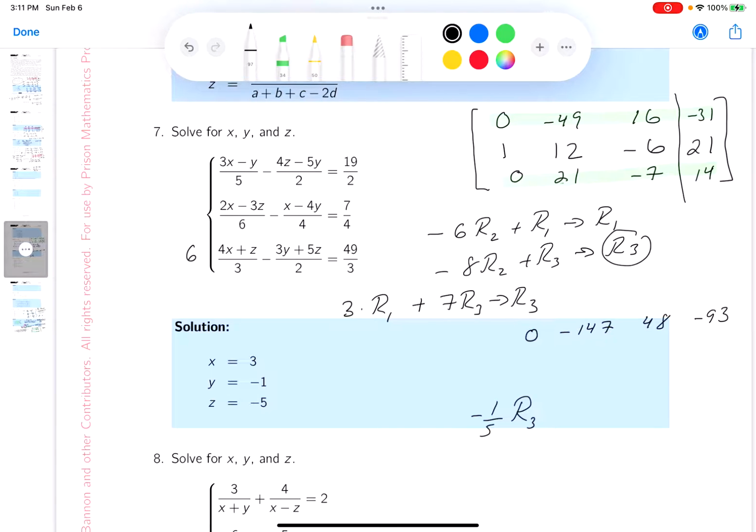Let's do 7 row 3s. 0, 147, that's the point of it. They'll disappear. And then 7 times 7 is minus 49. And 7 times 14, that's going to be 70. And 4 times 7 is 28. So it's going to be 88.